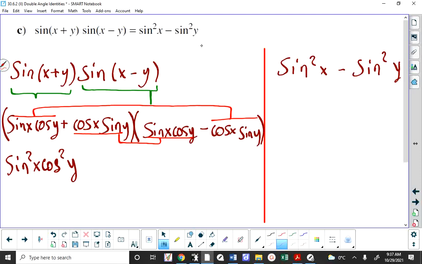So the only other thing I have left is the last, which is minus cos x sine y times cos x sine y, which will give us cos squared x sine squared y. That look good? Okay. And it's at this point that you're walking down that road and you go, oh man, I think maybe I made a mistake. But I don't think there's anything else we could have done.